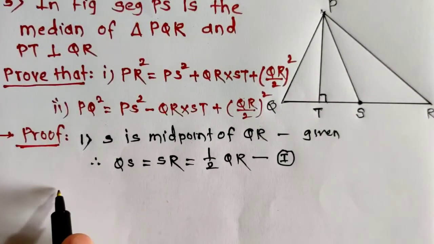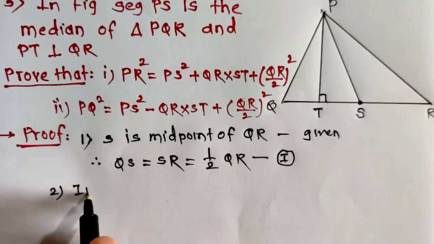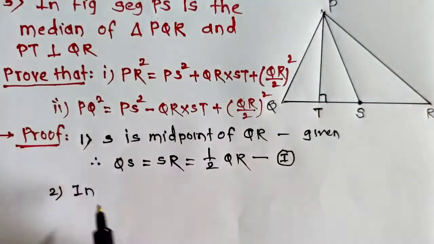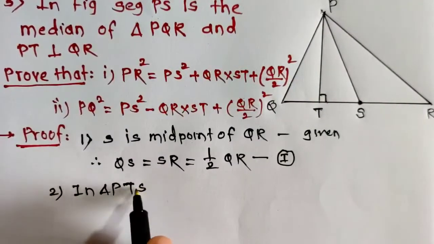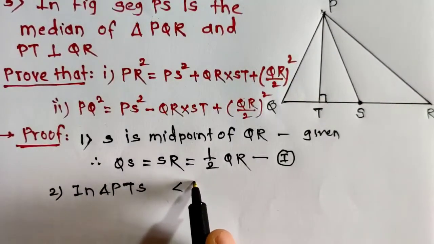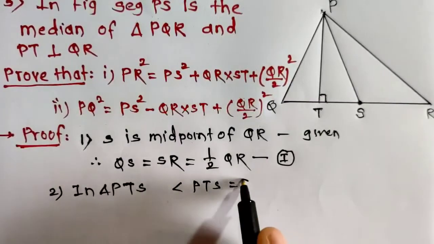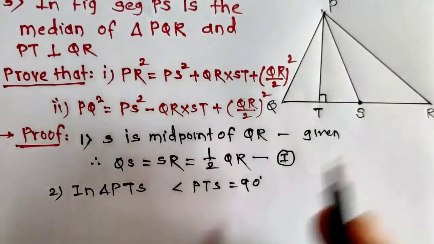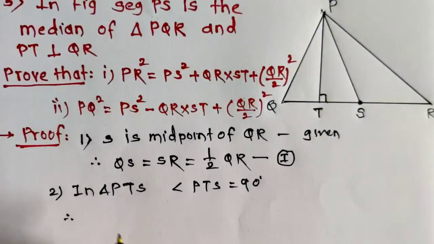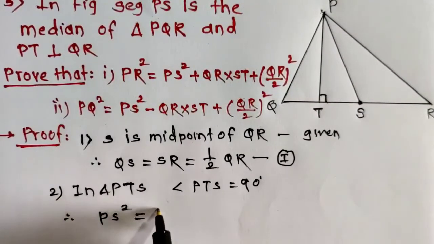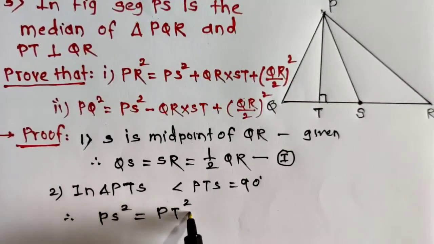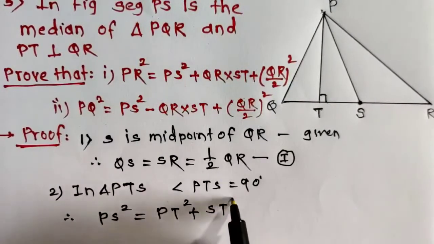So second step, in triangle PTS, angle PTS is 90 degree, this small triangle. Therefore by Pythagoras we can write, PS square is equal to PT square plus ST square.